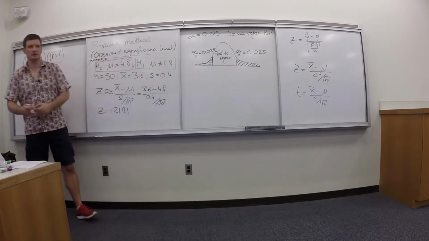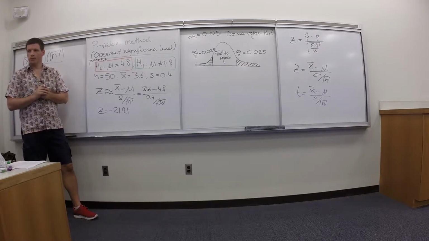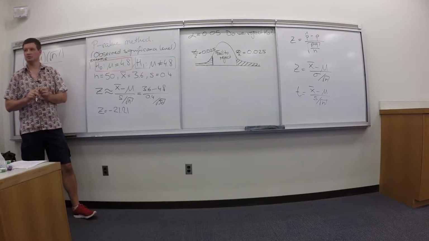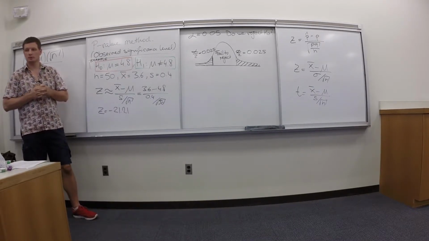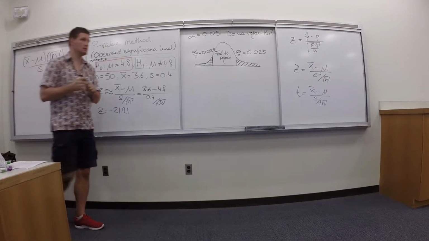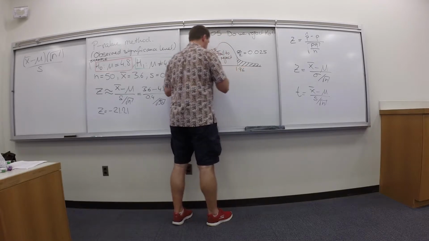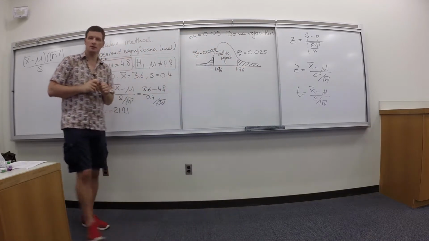Alpha over 2 is an actual fraction. So we pull up the z-score table and we look for those two numbers. Both of them? Both. The left one is negative 1.96.